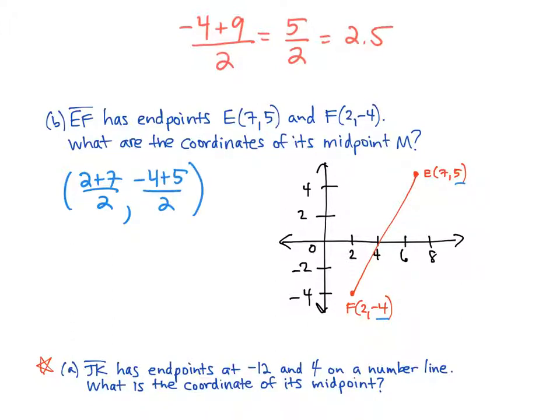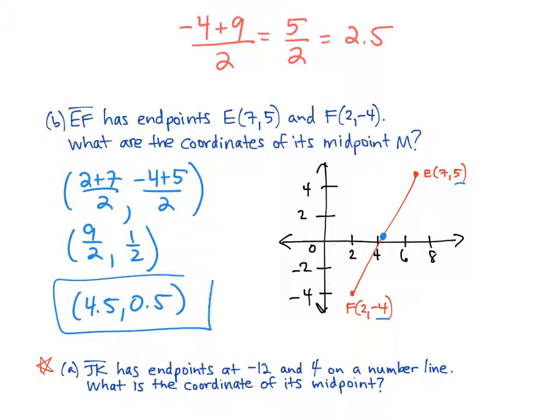So that's going to be our coordinate. And then we can just solve for that. 7 plus 2 is 9. -4 plus 5 is 1. So this is going to be at 4.5, 0.5. And we can look at that here. 4.5, 0.5. Looks like it's about there. And that would be your answer.